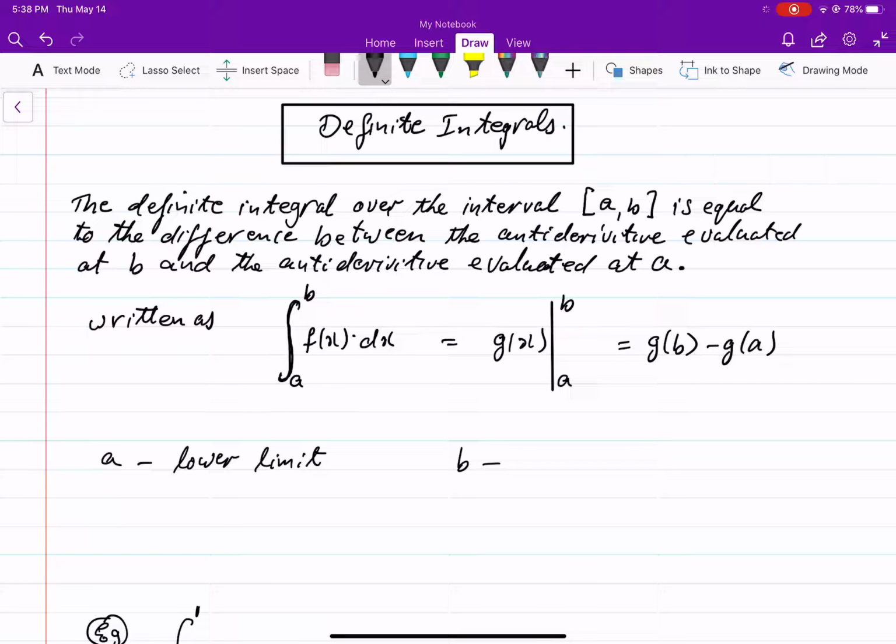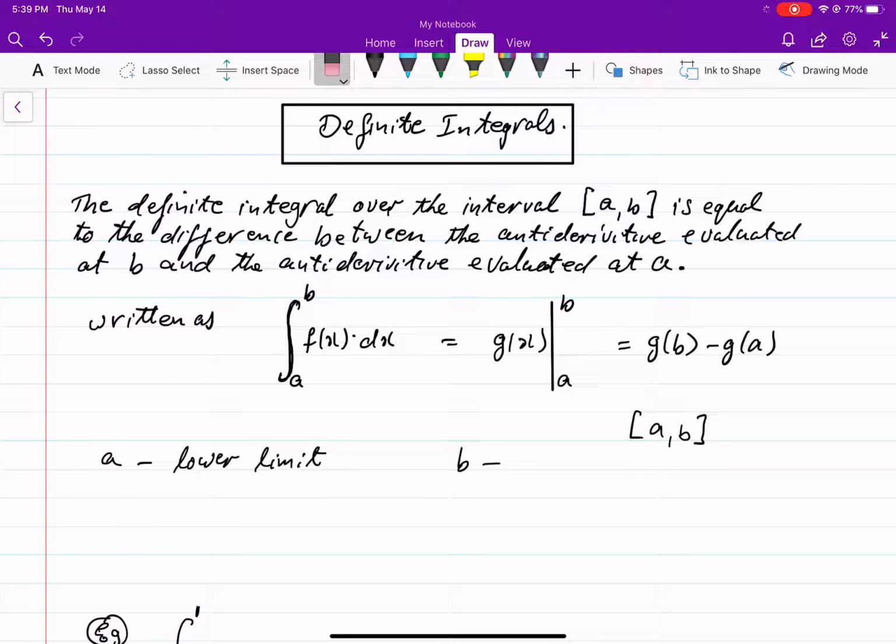Notice when I write an interval like this, AB in square brackets, these things are parentheses. When I write it in brackets, I'm talking about two different x values, let's say x equal a and x equal b.